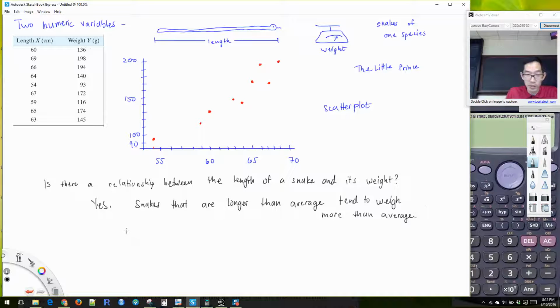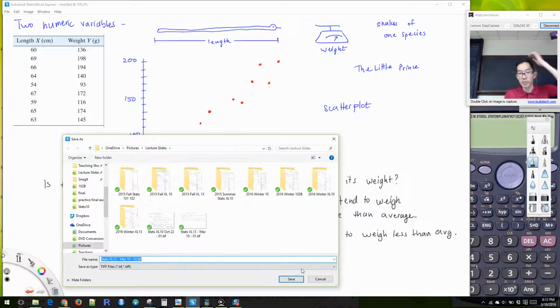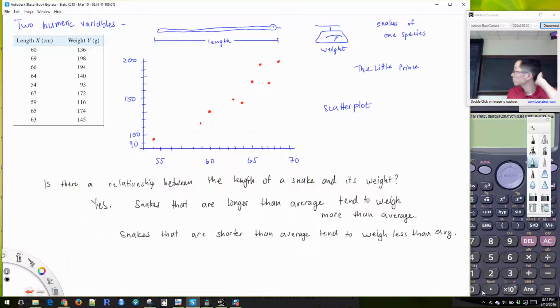And we'll say snakes that are shorter than average tend to weigh less than average.